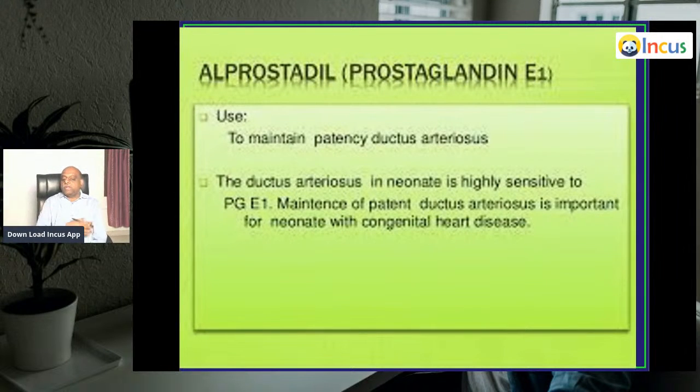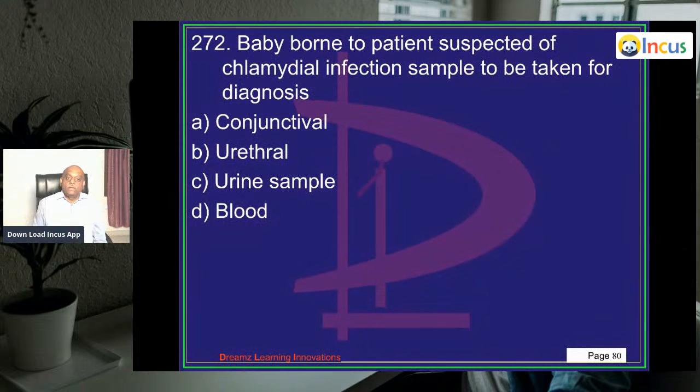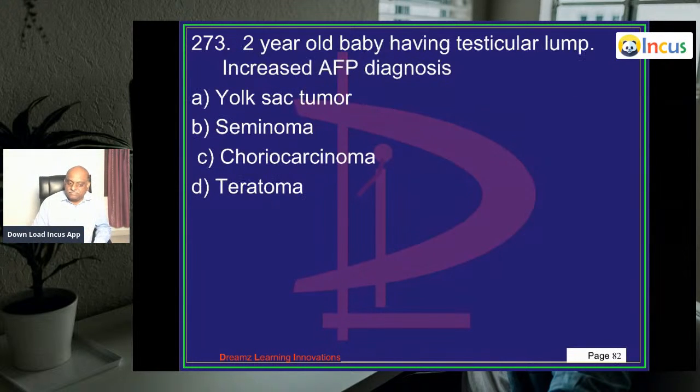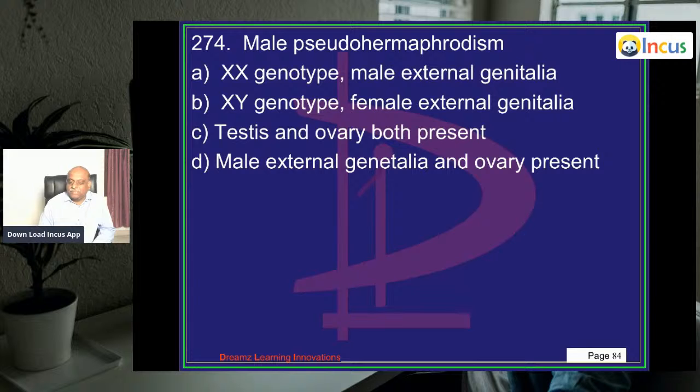So alprostadil is used to maintain the PDA because ductus arteriosus is very sensitive to prostaglandin E1, is what you should remember. A baby born to the patient suspected to have chlamydial infection, you should always get a conjunctival smear. There's a testicular lump, increased AFP, that is a marker of yolk sac tumor.